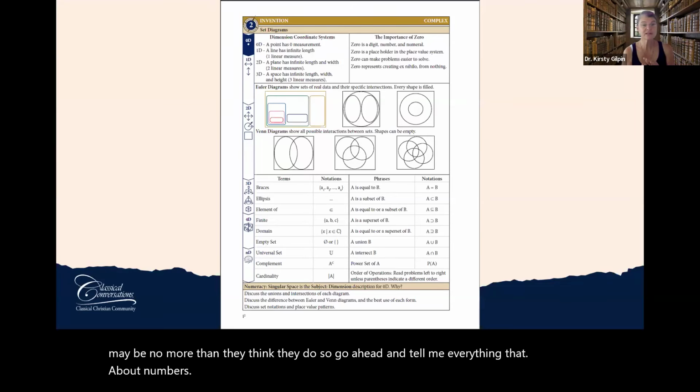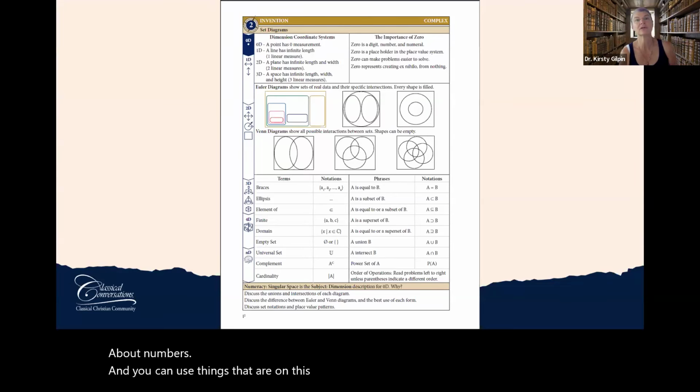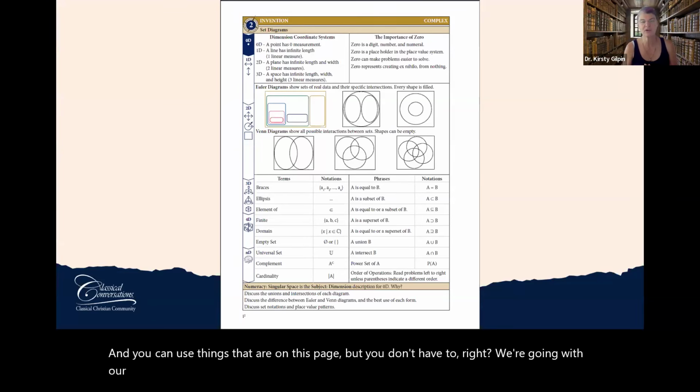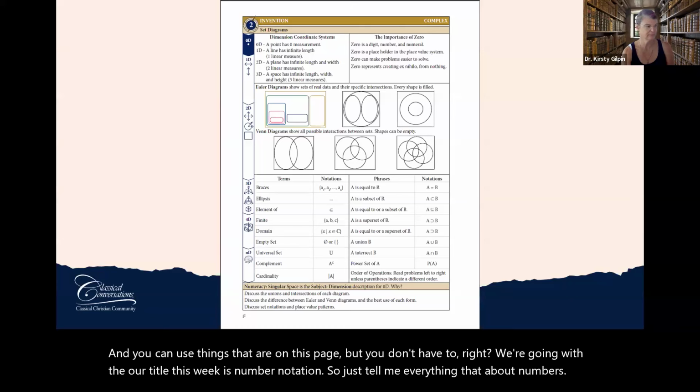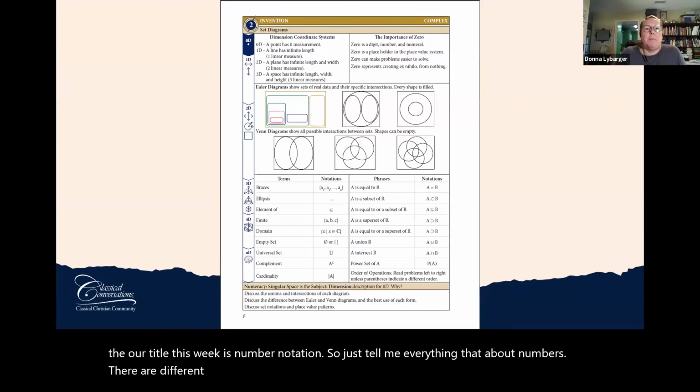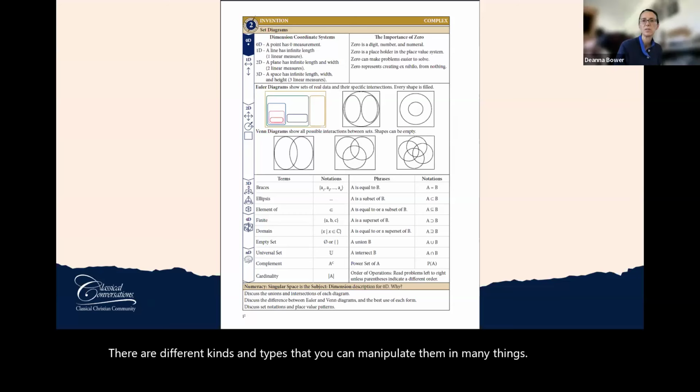You can use things that are on this page, but you don't have to, right? Our title this week is number notation. So just tell me everything that you know about numbers. There are different kinds and types, and you can manipulate them in many different ways. They are a symbol. They are sequential.